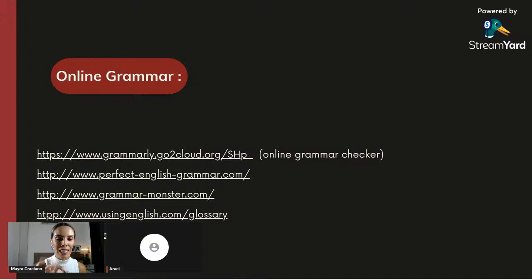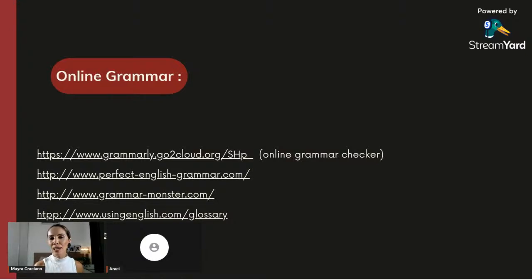We have here Grammarly. Go to grammarly.com. Grammarly is a very nice extension that you have to download in your Chrome, in your Google Chrome. And it's fantastic because when you're writing emails, when you're writing a document, Grammarly will help you, will instantly correct your grammar mistakes.